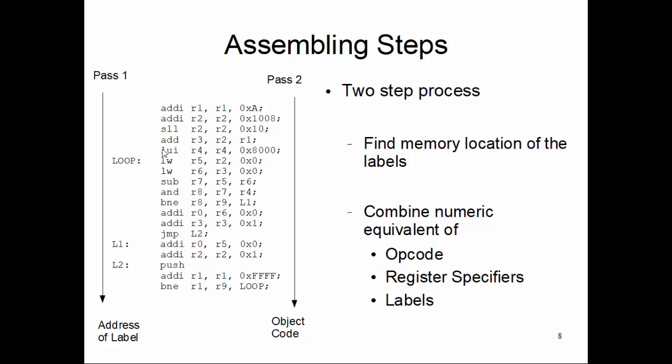So it is not the address of the loop, it is not the address of this load word, it is the immediately next instruction address. Same for L1, it is the address of this instruction, add I R0 R5 0 cross 0.